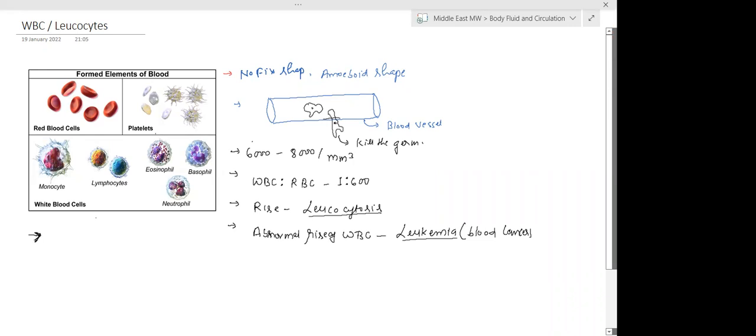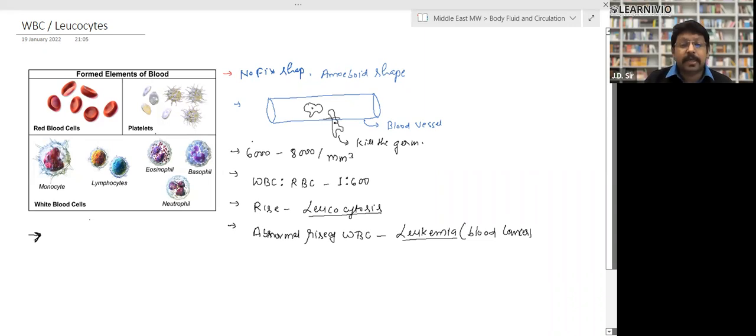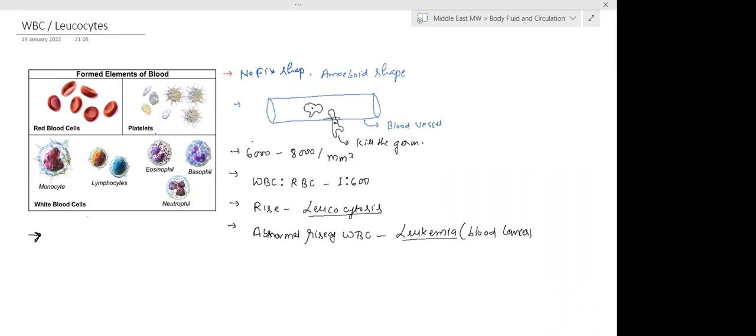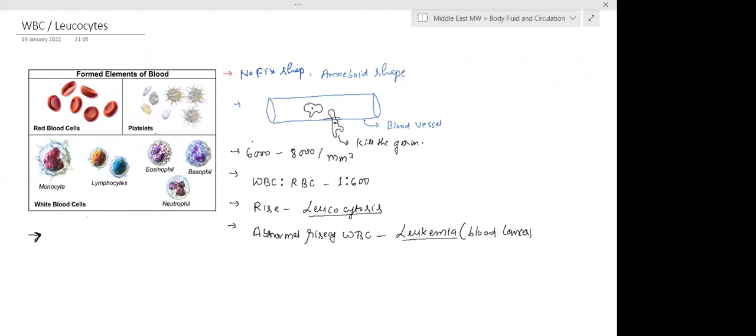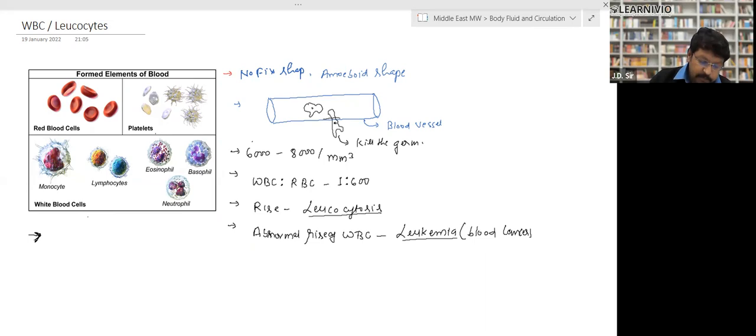WBC will rise, but they won't rise in an exponential way. They can't go beyond 25,000, 26,000. That is not possible in any disease, because there is some limit, right? The number of divisions is controlled genetically in our body, right? Okay.